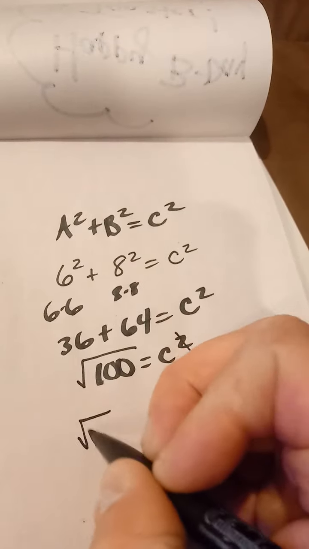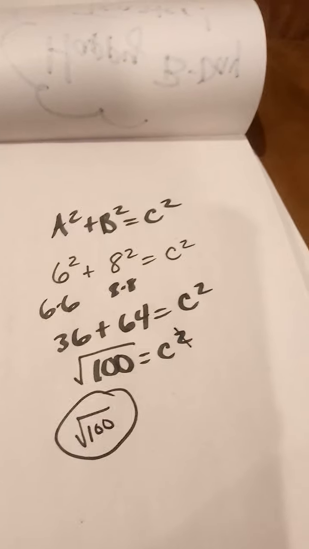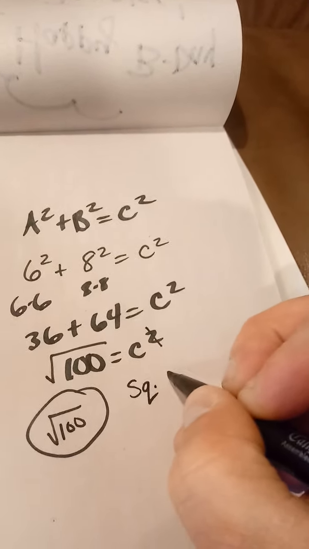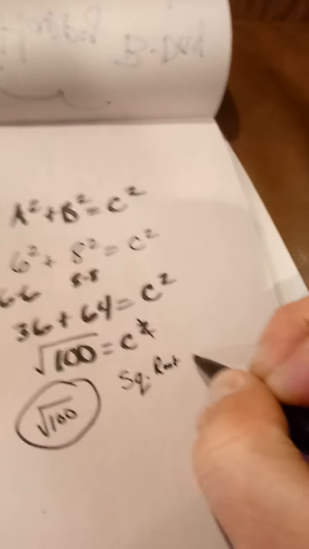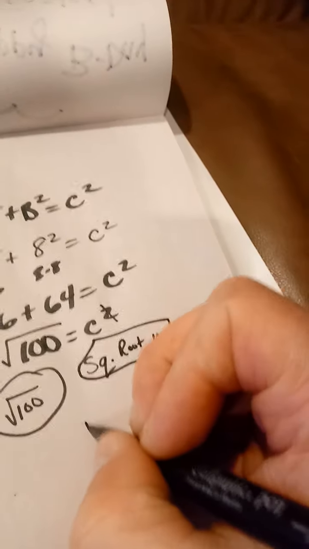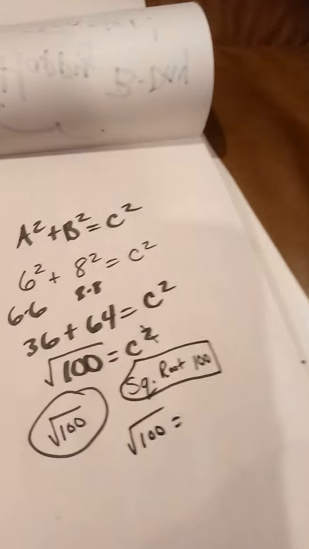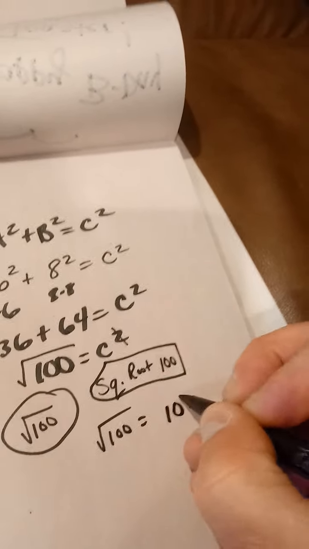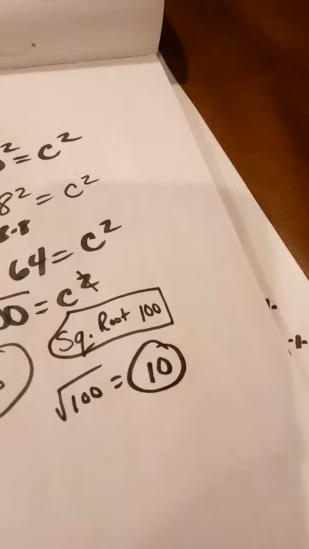So acceptable answers are square root of 100. That's fine. If you're writing it out on Google Chrome and you want to do square root 100, that's also fine. Or you can use a calculator and find out what number times itself equals 100. That is 10, and 10 is the actual answer.